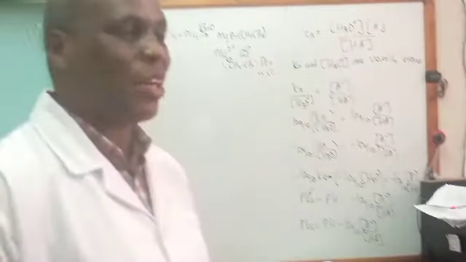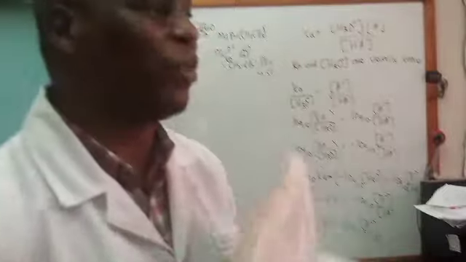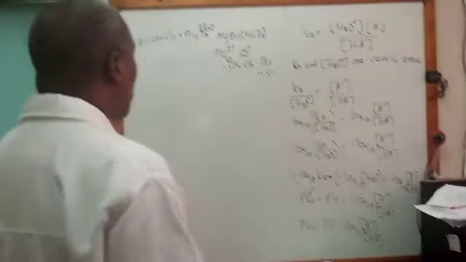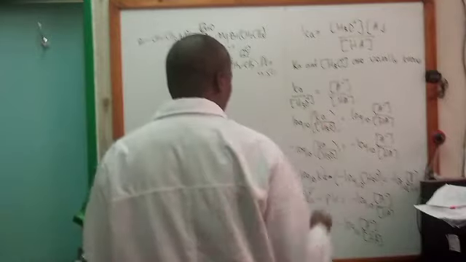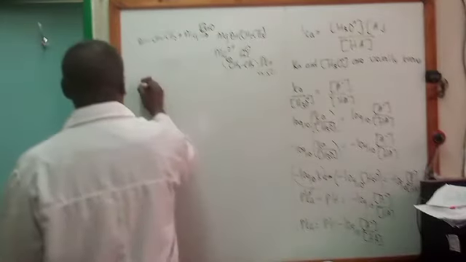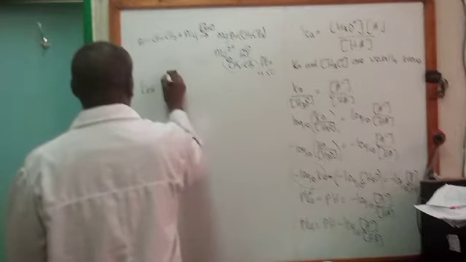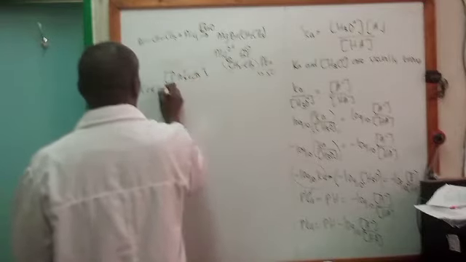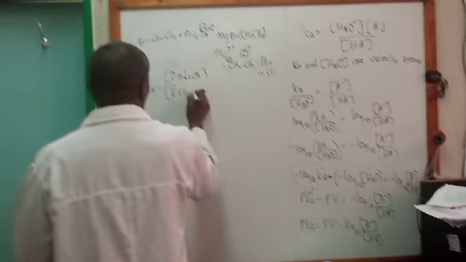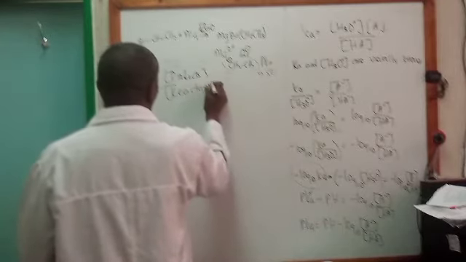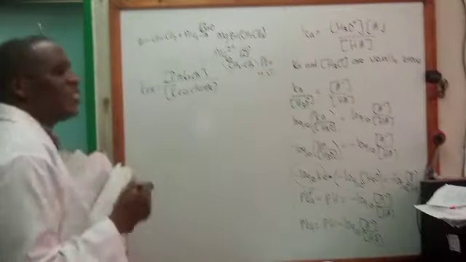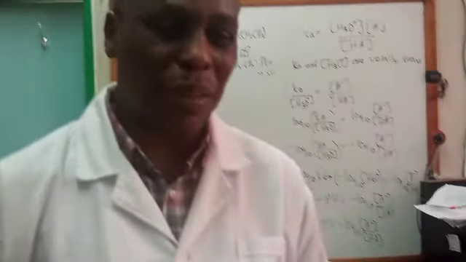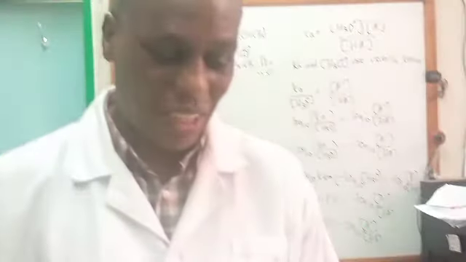Now this is the most important information about the pKa: the equilibrium constant, being the concentration of the products over the concentration of the reactants. In this case, you do not have to carry out an experiment to be able to determine the equilibrium constant.